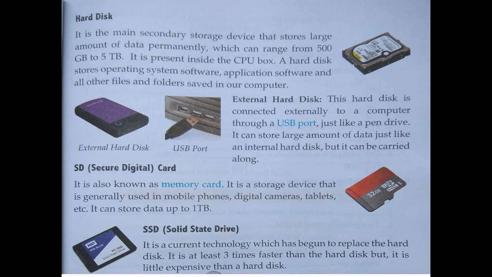If you want to copy large amount of data in TV, you don't need to carry your laptop or computer from one place to another. You can use this external hard disk. With the help of external hard disk, you can copy or carry large amount of data in TBs. Fine. This external hard disk comes in 1 TB, 2 TB, 4 TB. Fine.